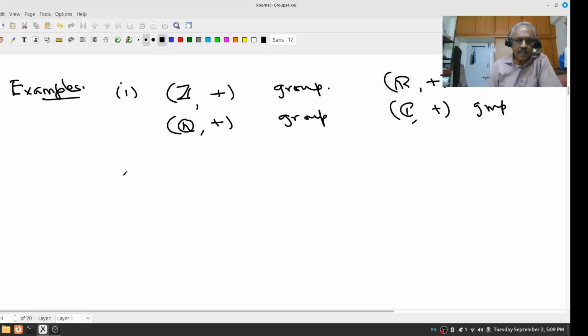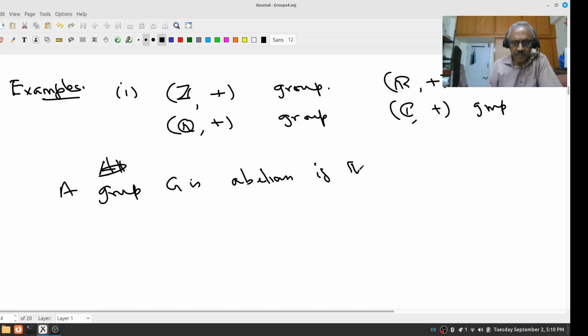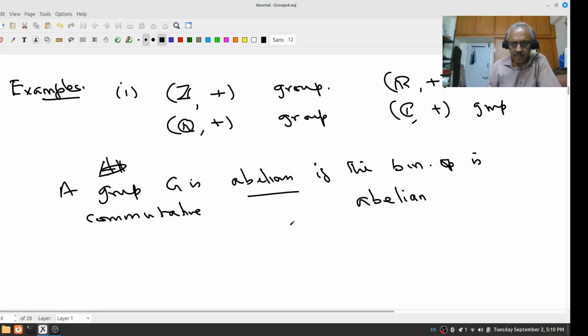A group is abelian, A-B-E-L-I-A-N, if the binary operation is commutative.